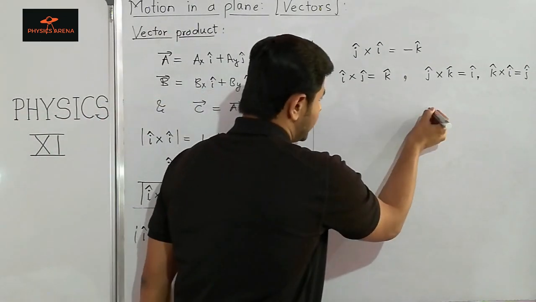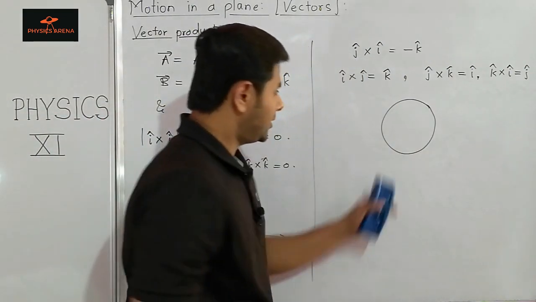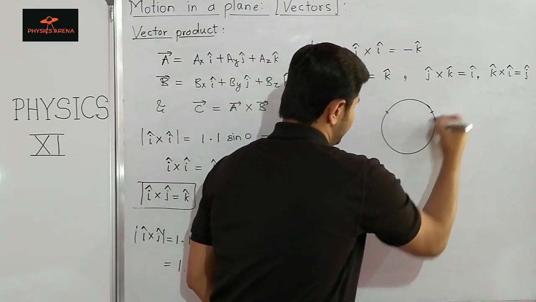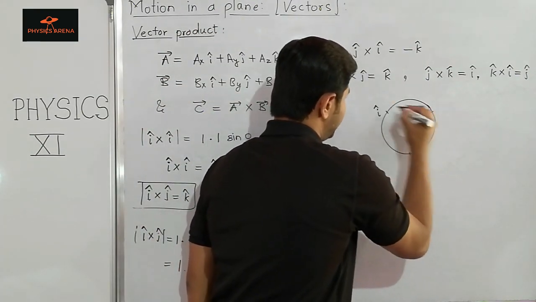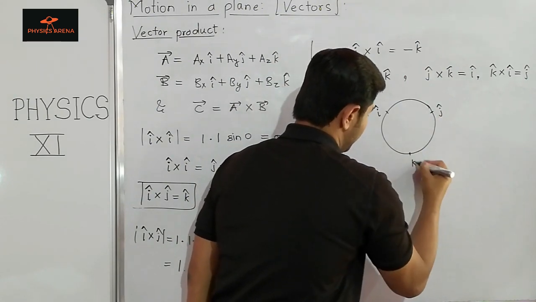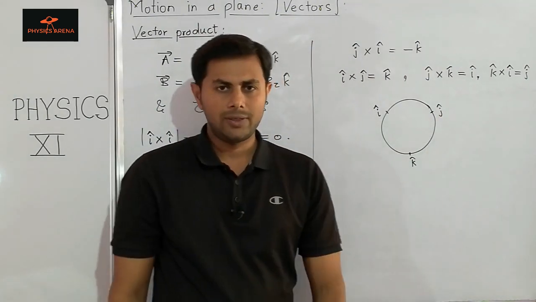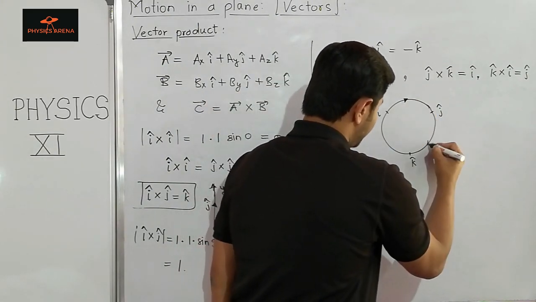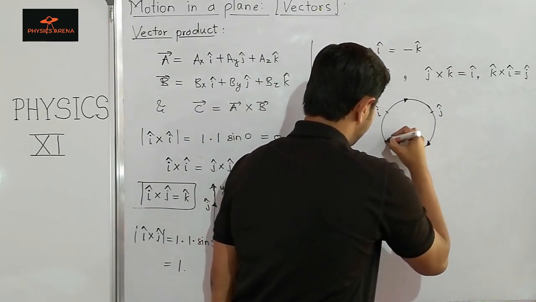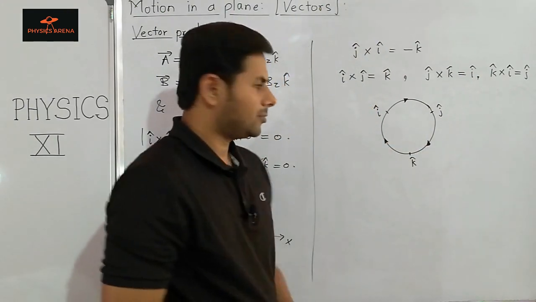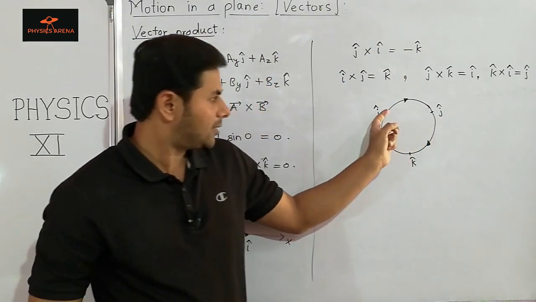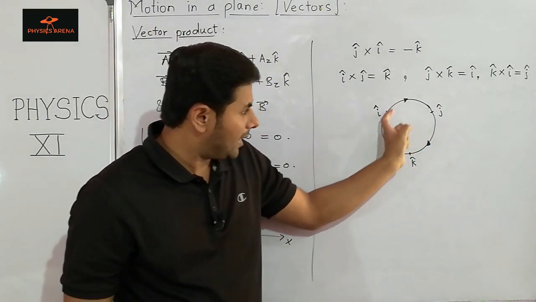So how to memorize this? To memorize it, we draw this circle, then we take these 3 points, write i, j, k, and then we draw 3 arrows in the clockwise direction. Now the way to memorize this is to multiply i with j.